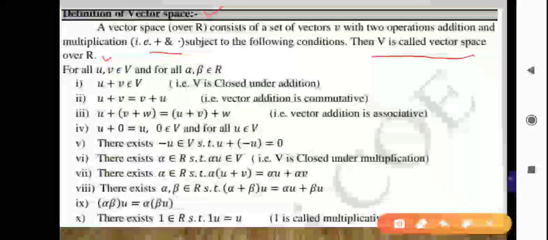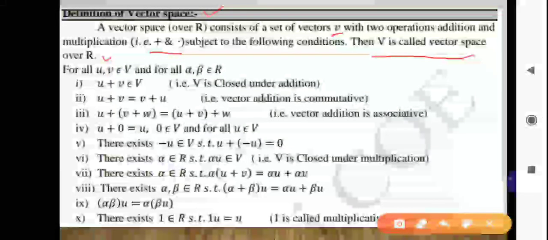So, what is the meaning of this statement? In capital V there is a set of elements. Suppose in that set small v is an element, or some elements like small v are there, and these elements are going to satisfy the below 10 properties over real numbers. That means we are going to use alpha, beta, which are real numbers.